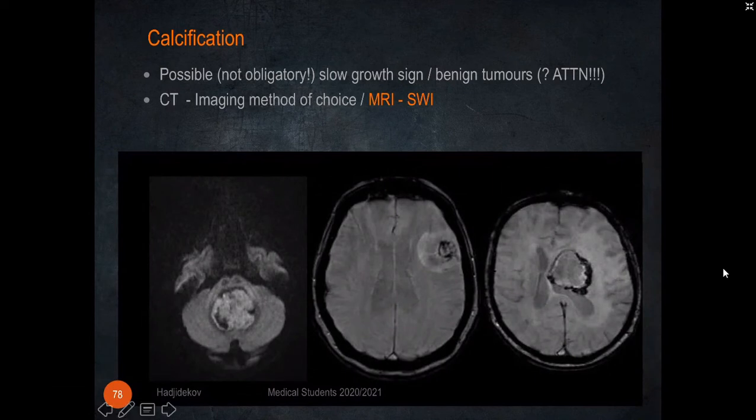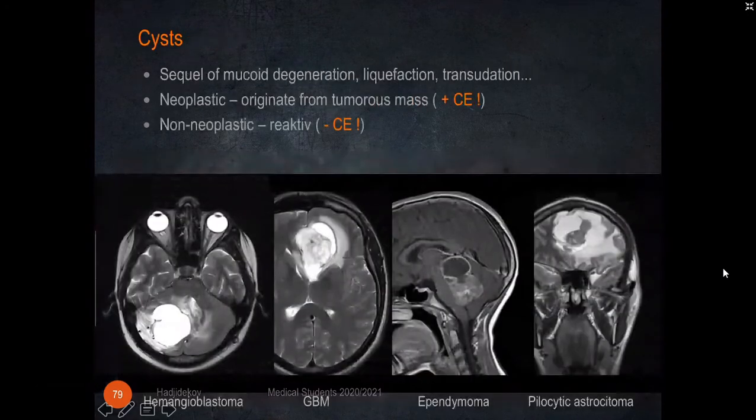They present with loss of signal, and you can see them with susceptibility weighted imaging, which is very sensitive for hemorrhage. So the different types of cysts, they can be sequelae of macular degeneration, liquefaction or transudation. They can be neoplastic and originating from a tumorous mass. They can also be non-neoplastic or reactive if they do not enhance with the contrast material.